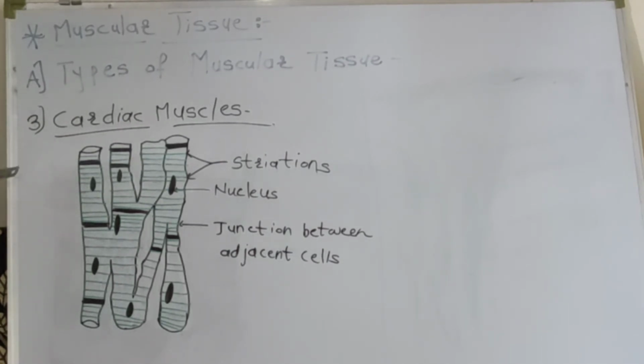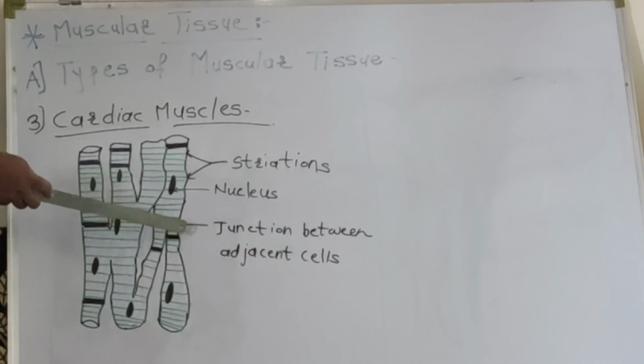So in the cardiac muscle, uninucleate as well as multinucleate cells are present, and this cardiac muscle shows striated and non-striated type. It is the muscle of the heart. So it is called cardiac muscle.